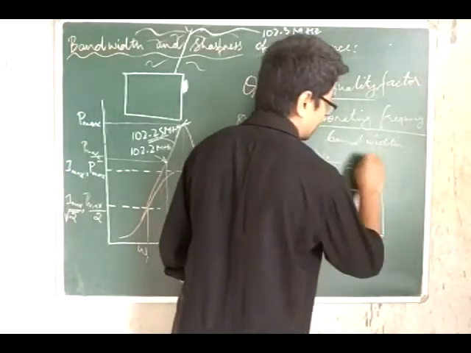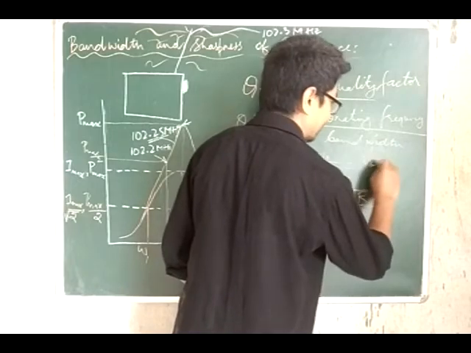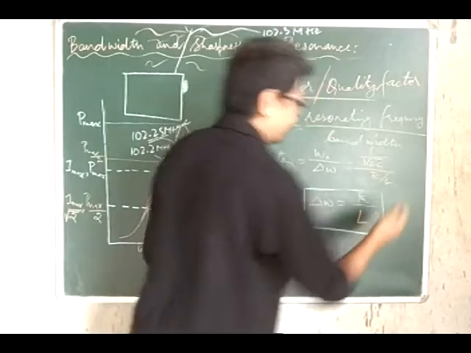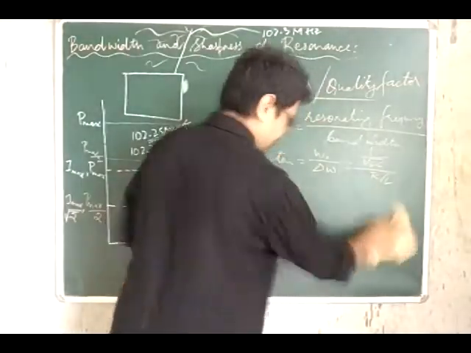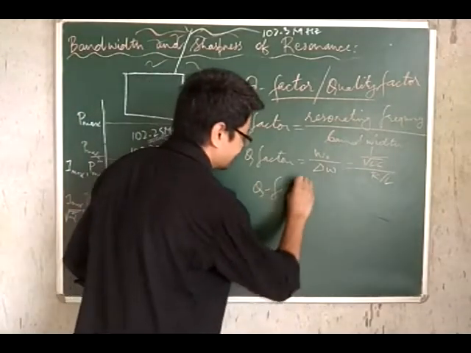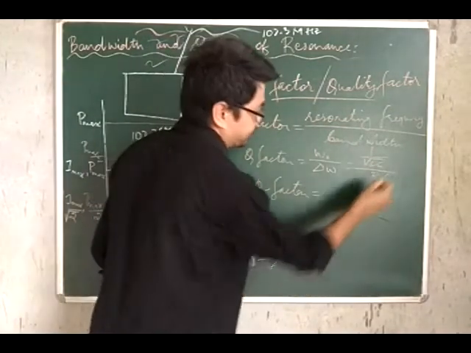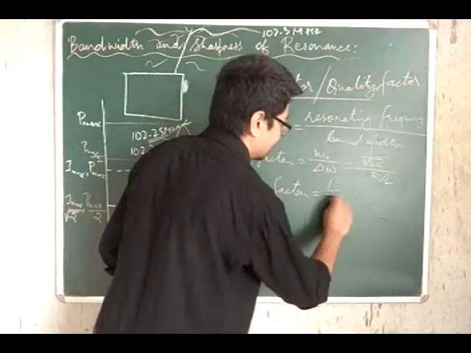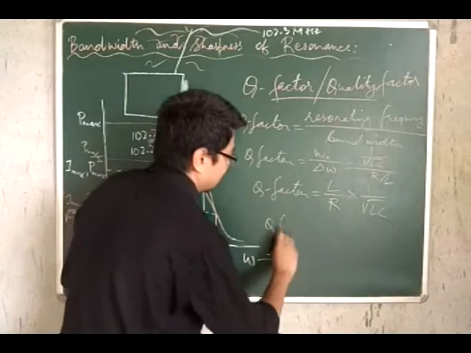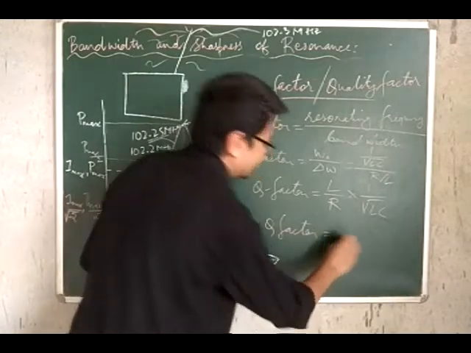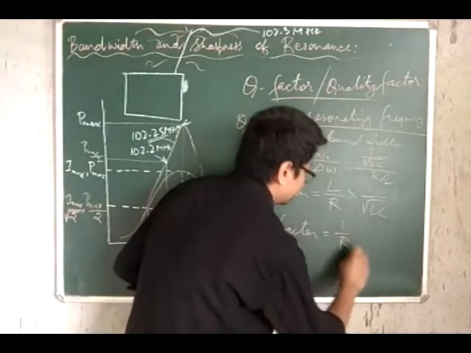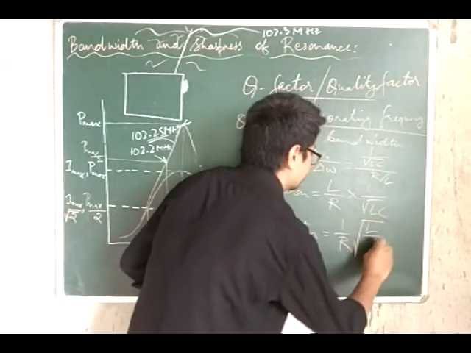Omega naught is how much? 1 by square root of LC, divided by the bandwidth, which is R by L. So Q factor is equal to, so L by R into, you can do the mathematics itself. I'm tired of doing this. Okay, so Q factor is equal to 1 by R square root of L by C.